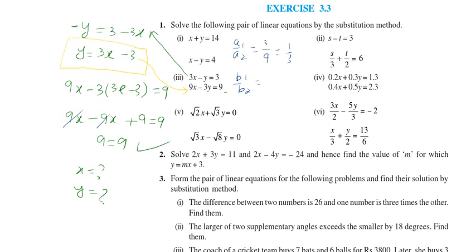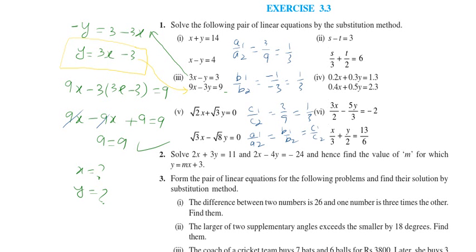It is minus 1 upon minus 3, which is again 1 upon 3. And what is c1 upon c2? It is 3 upon 9, again 1 upon 3. So you can very clearly see that the ratios a1 upon a2, b1 upon b2 and c1 upon c2 are equal.